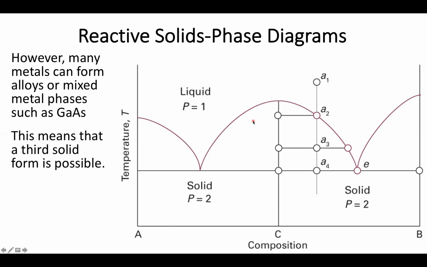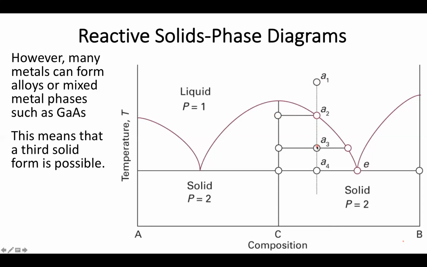So for example, let's treat this system of A and B with an alloy C. What I might have if I start with a mixed liquid of composition A and I start cooling it down is that since my composition most closely resembles this alloy, when it starts to solidify, I'm not solidifying A or B, I'm solidifying this 50-50 mixture.